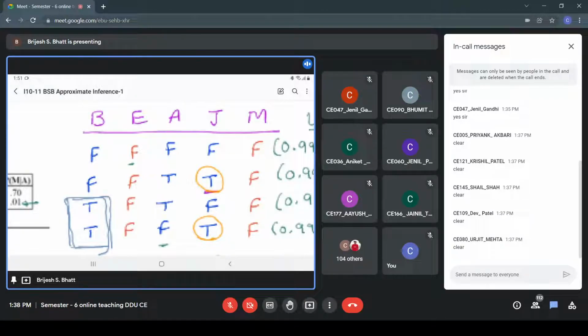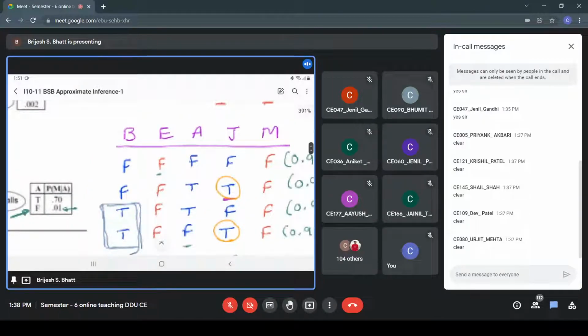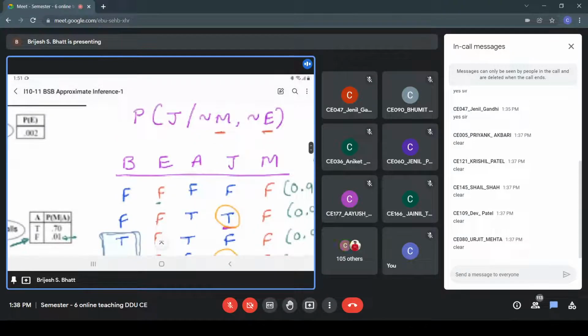How do we add that weight? That we will see now. But any questions so far? What I have said is E and M: we are fixing E and M because it is given to us. The inference question says that Mary calls is false and earthquake is false.